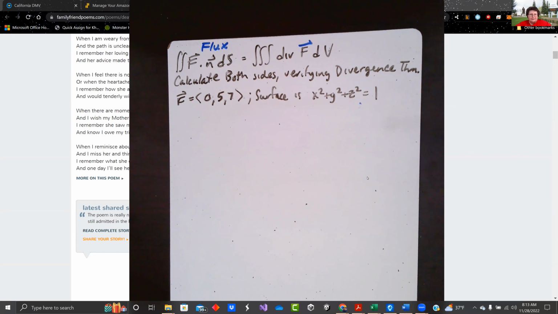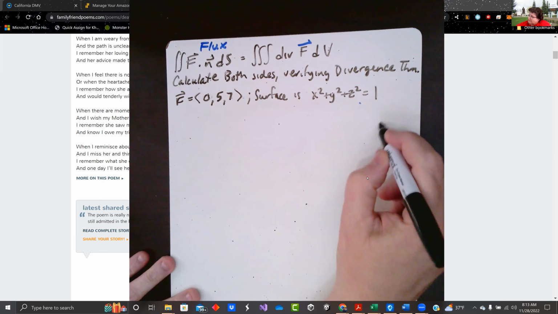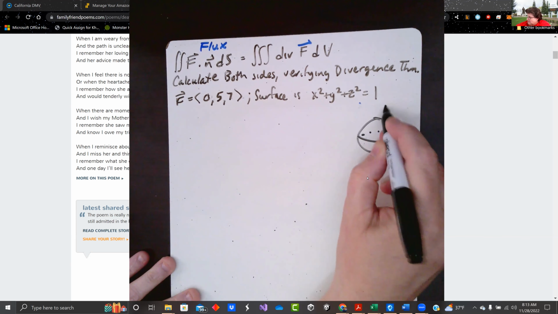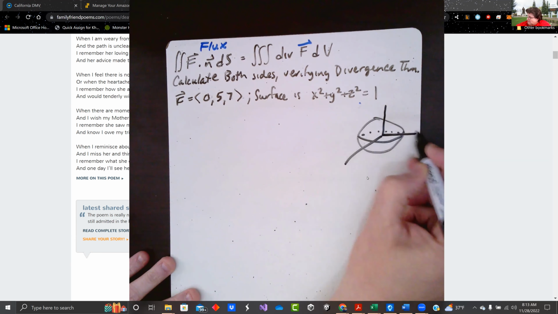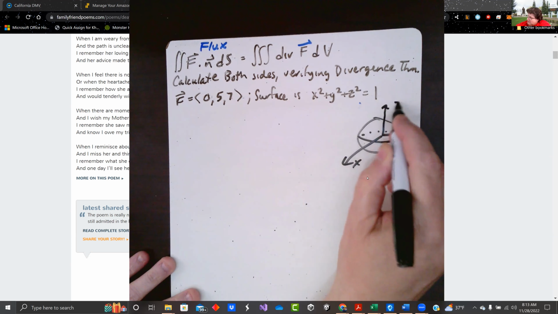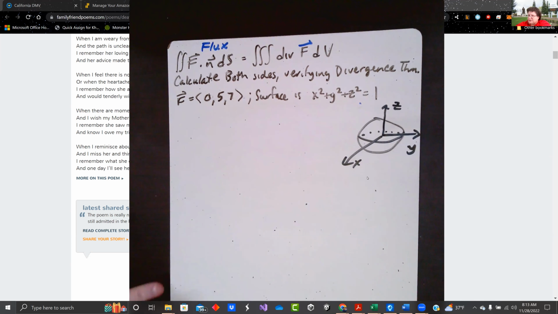There's a lot of ways we can even tackle the flux, because we're looking at a sphere, right? So one way would be to shift to spherical coordinates. We could do cylindrical coordinates.